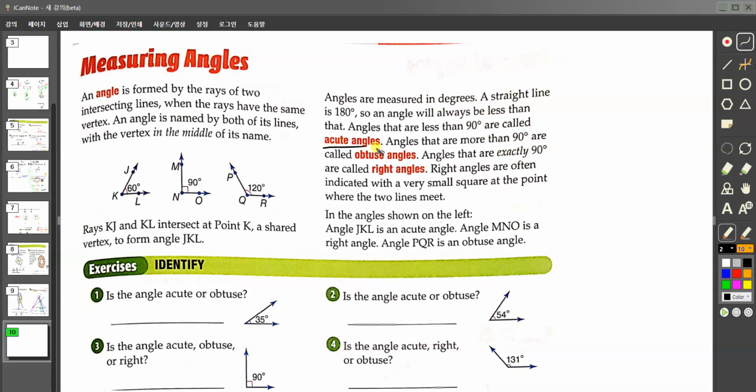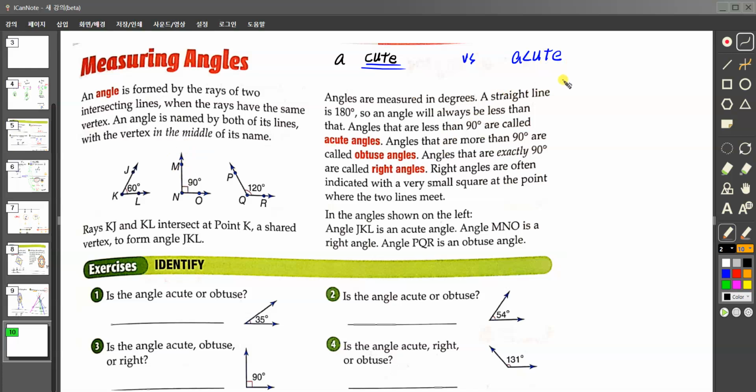Here, acute. That does not mean cute. Acute, it's totally different. Acute is less than 90 degrees and obtuse is greater than 90. You're right.